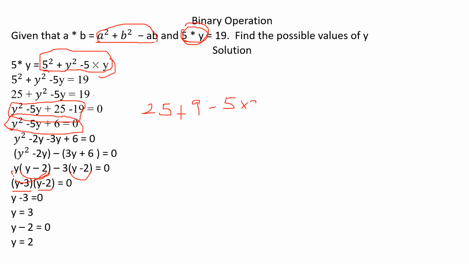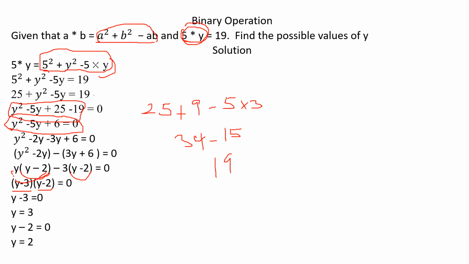So we have 25 plus 9, that is going to give us 34, minus 15. So minus 15, we are going to get 19, right? So 19. So it means the value of y is truly 3.